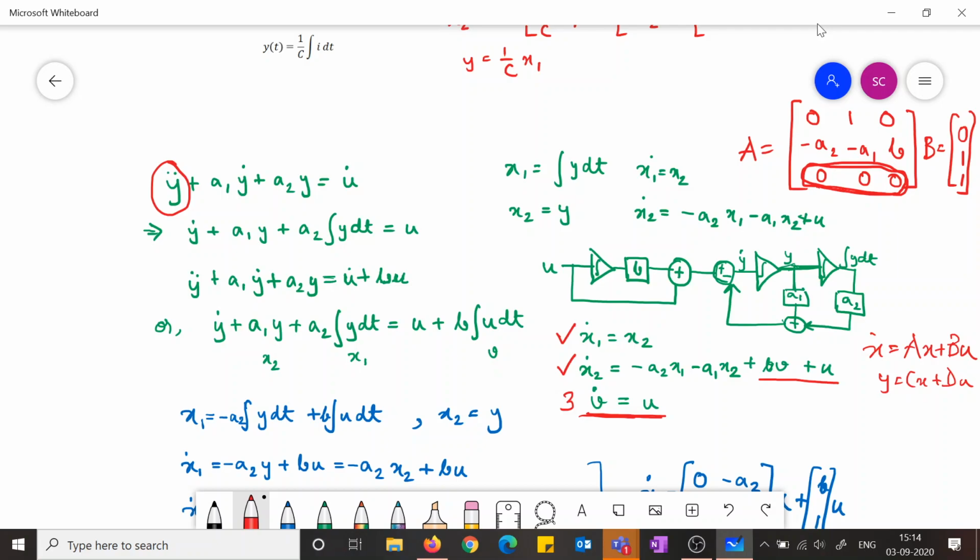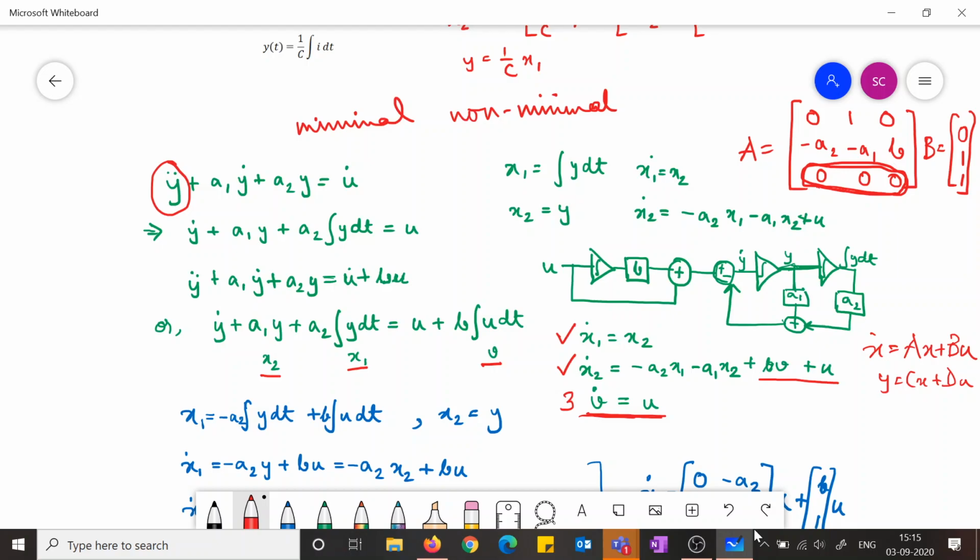What is actually happening here is that we can have minimal realizations and non-minimal realizations. So there are two new terminologies introduced, minimal and non-minimal. The realization that we derived by defining the states as these leads to a non-minimal realization.